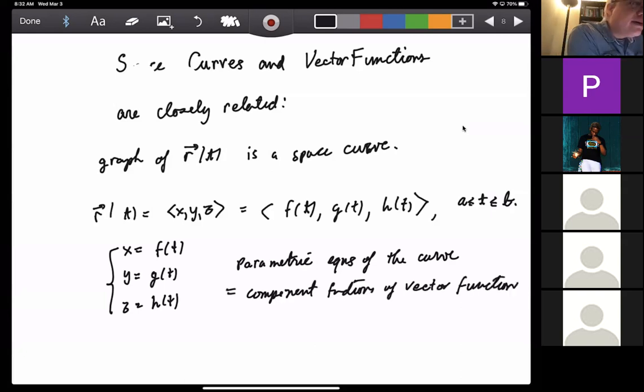Okay, these are the same things really. And t is the argument of your vector function, or we could call this the parameter of the curve.